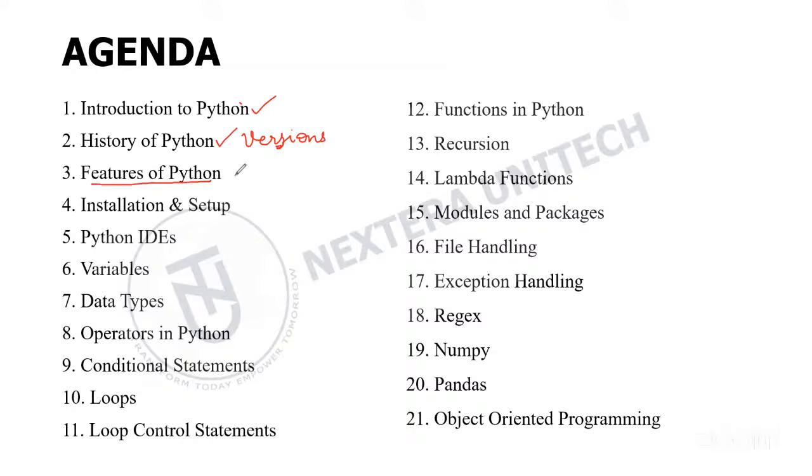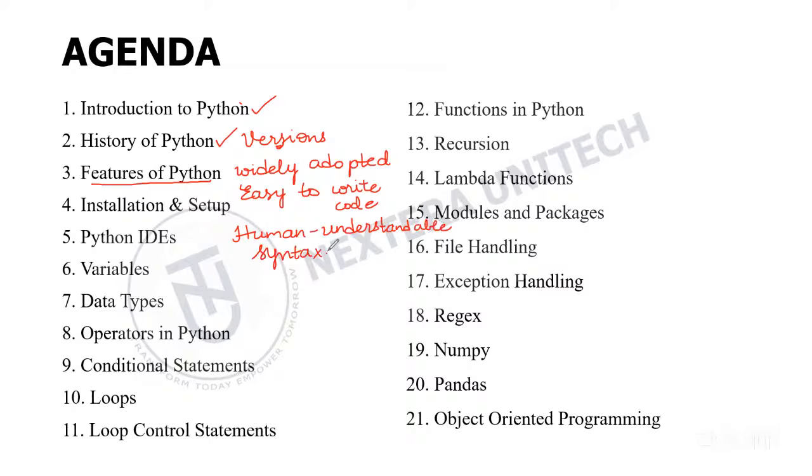Features tell us why Python is widely adopted and also why it is easy to use, easy to write, easy to code, and why it has human understandable syntax. There are totally 12 features of Python, which make it widely adopted and popular.